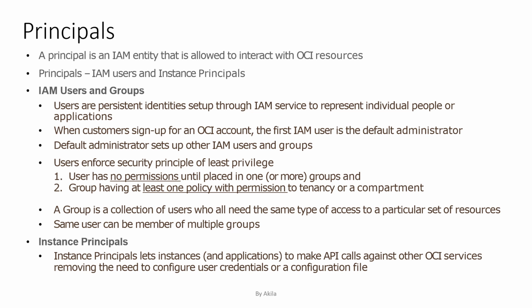But if it is a particular group, at least within that group, at least one policy with the permission should be identified within the tenancy or compartment as a principal. So that is the least principal which is necessary for Oracle Cloud.